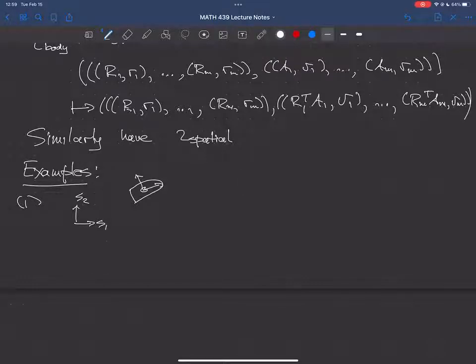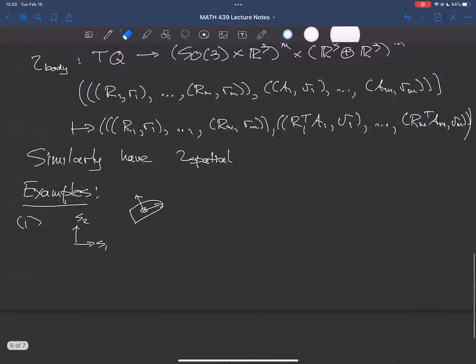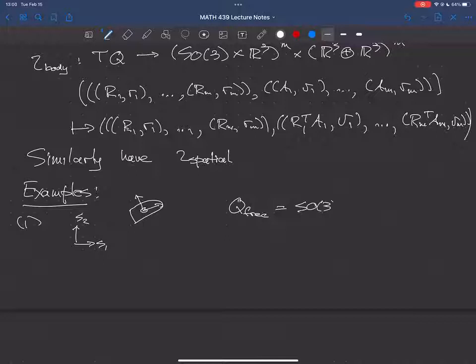And we decided that Q free, so you remember to write down a point Q in Q free. Because we only have one body, Q free is just SO3 cross R3. And we decided that Q was the set of R's in Q free.